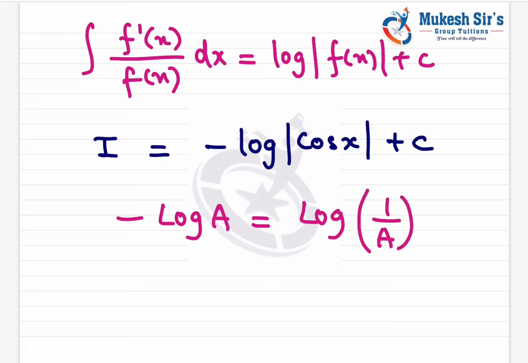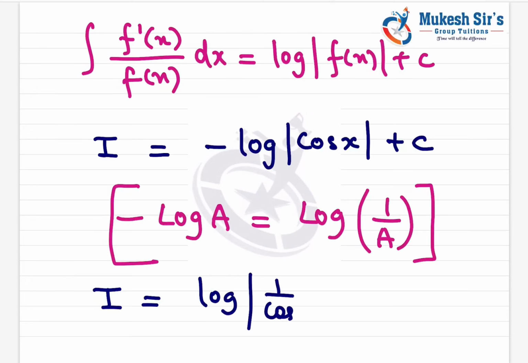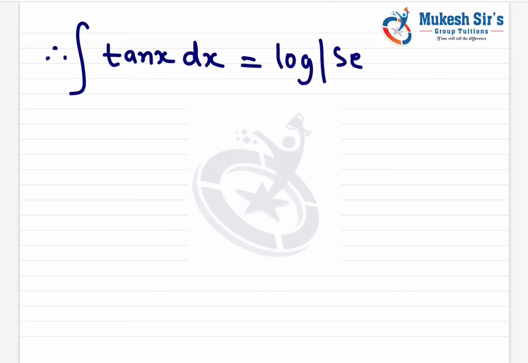So this becomes log of 1 upon cos x plus c, and you know 1 upon cos is sec x. So your answer is: integration of tan x dx is equal to log of mod of sec x plus c. This is a very important formula for the sums coming ahead now.